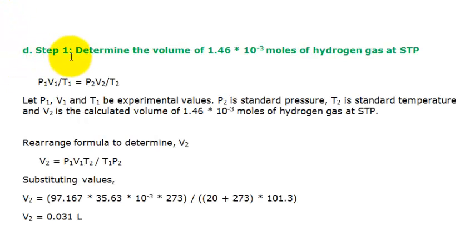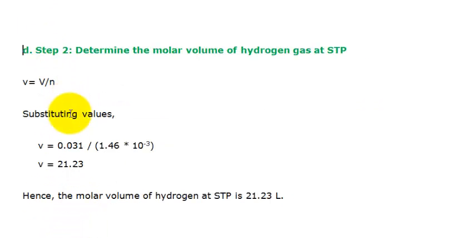So in D step 1, we can see that the volume of hydrogen gas collected at STP was 0.031 liters.